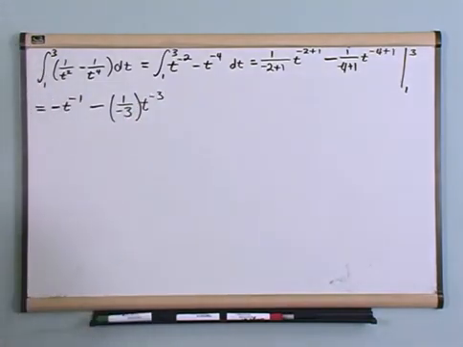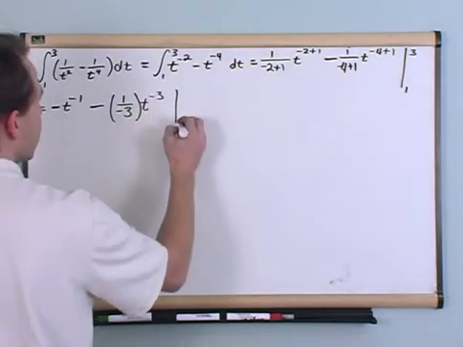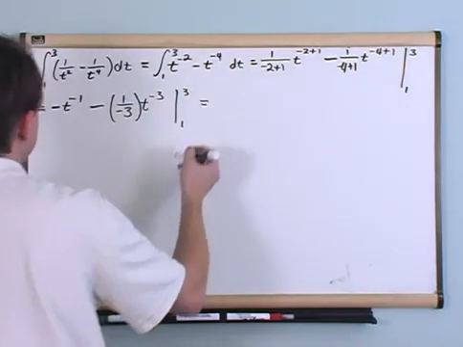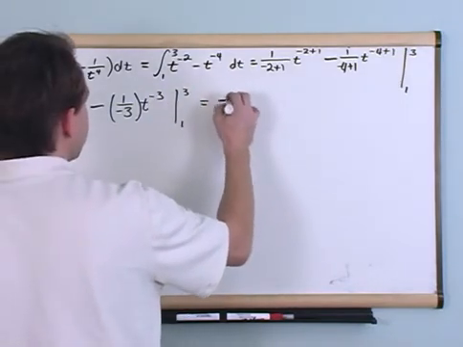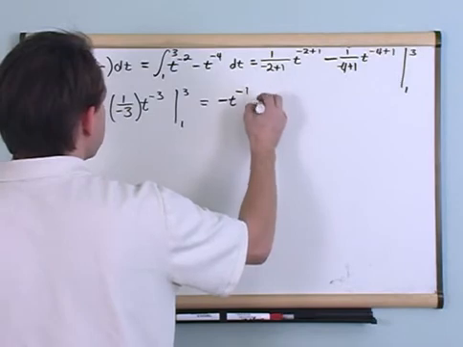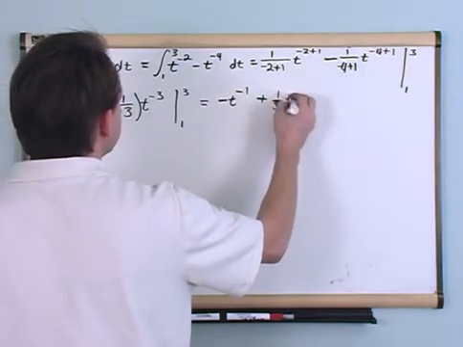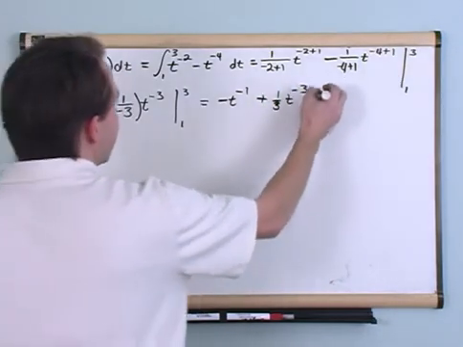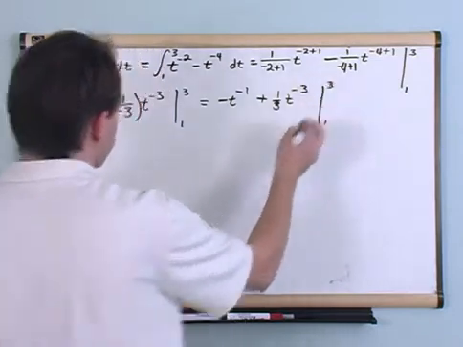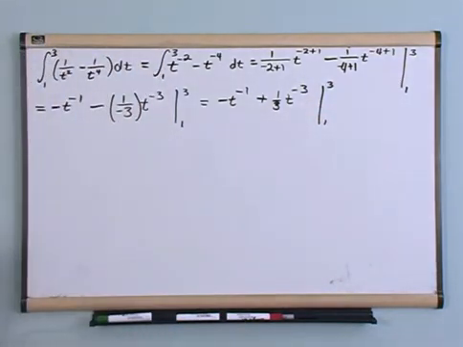So you have to be real careful to keep your signs right, to make sure that you get it right. So you're going to have negative t to the minus 1 plus 1/3 t to the minus 3. That is the integral.